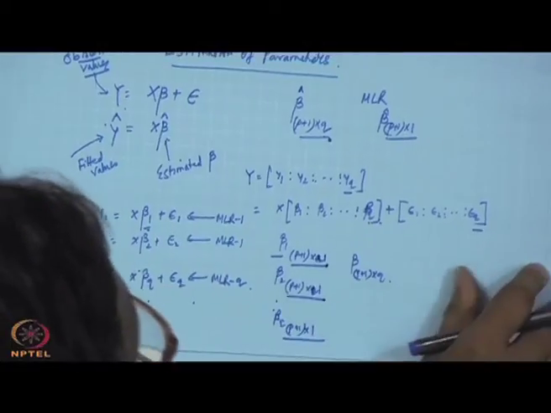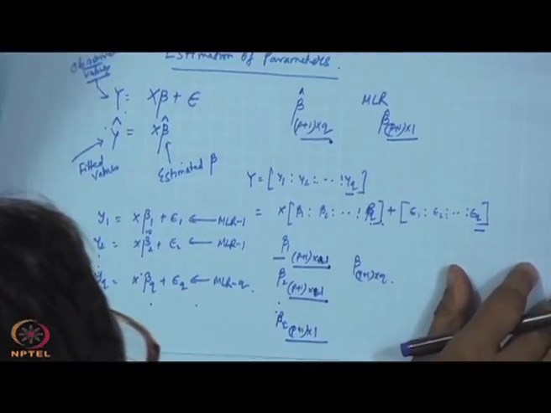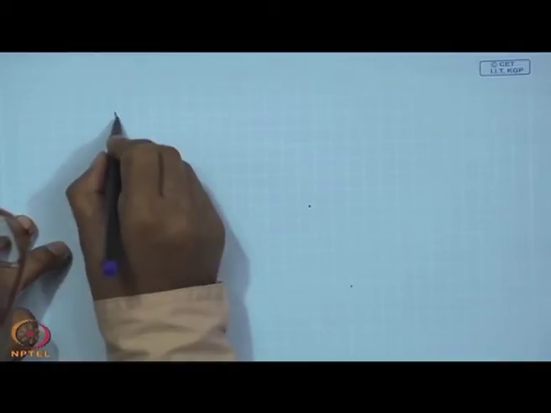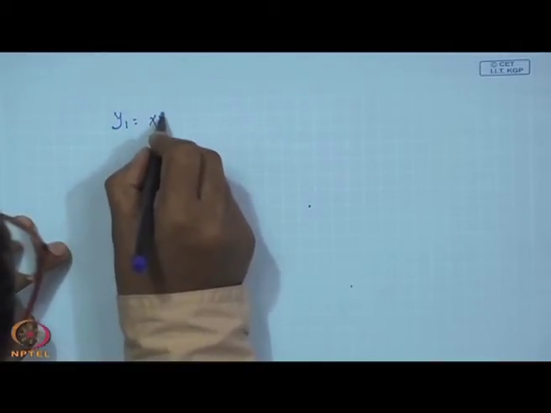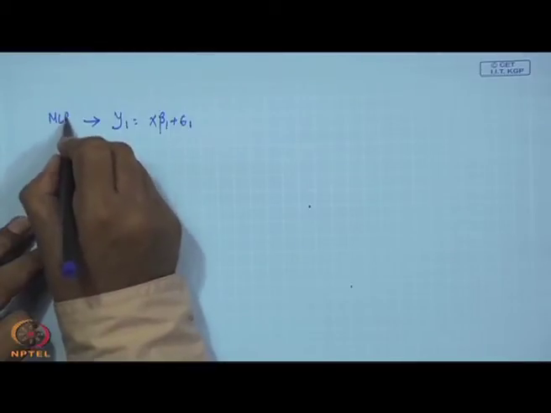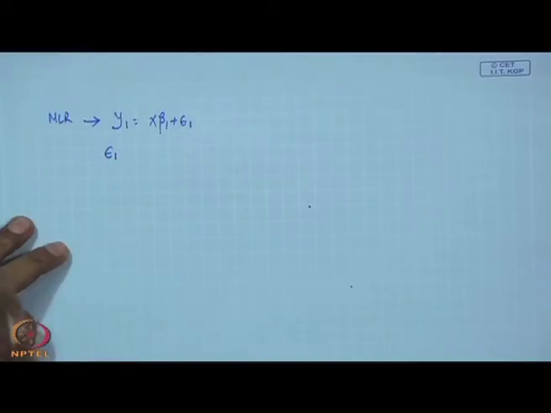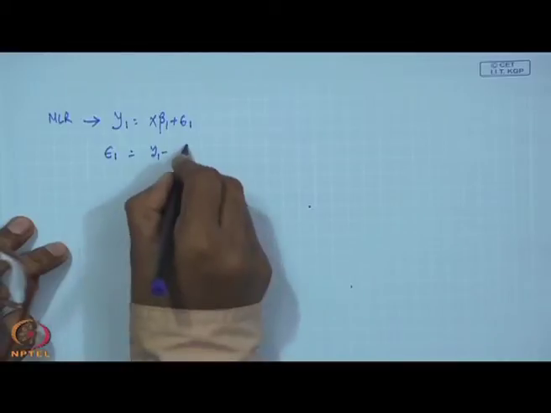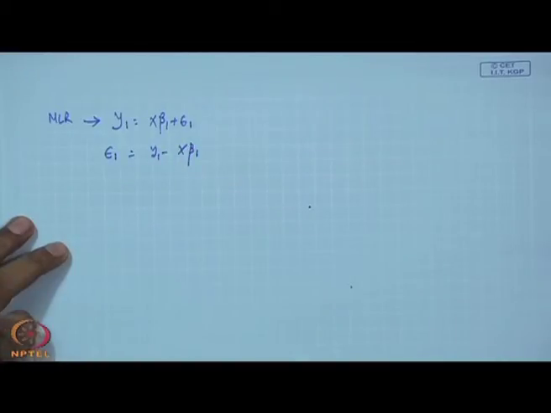What is the procedure in MLR? Suppose there is one y variable and we first estimate the error term. For example, y1 equal to X beta 1 plus epsilon 1, that one MLR. You first find epsilon 1, that is y1 minus X beta 1.